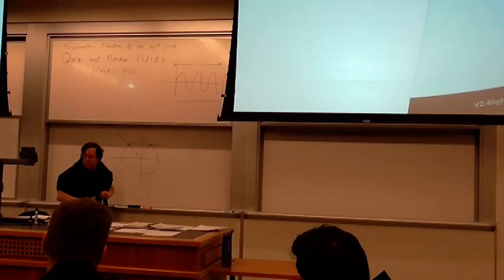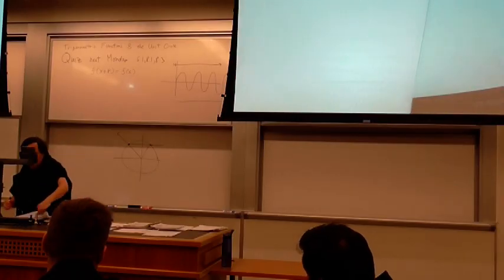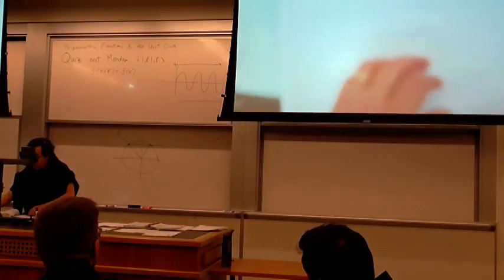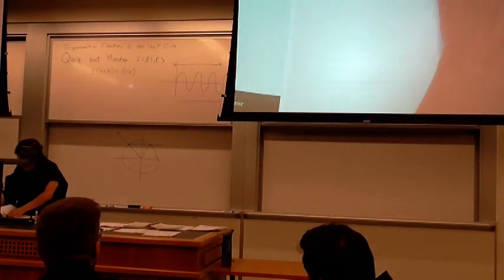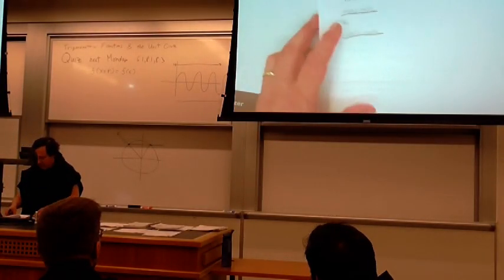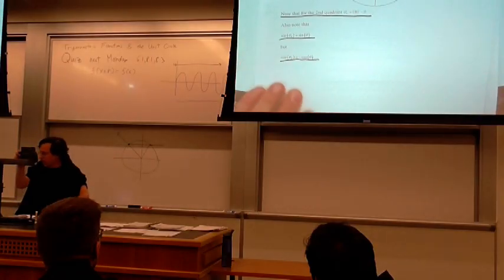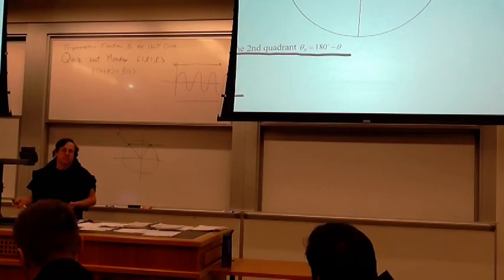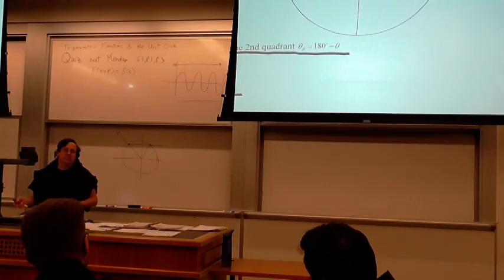Now, in particular, it's in the second quadrant. You can find that angle out. It's 180 degrees minus the angle, minus the given angle that you have, if that angle is in the second quadrant.